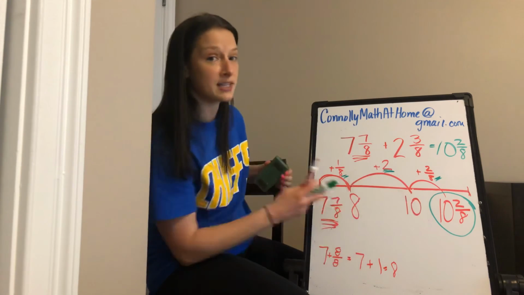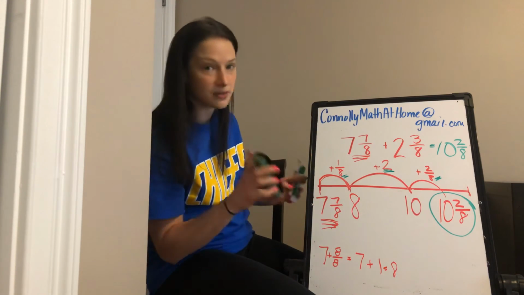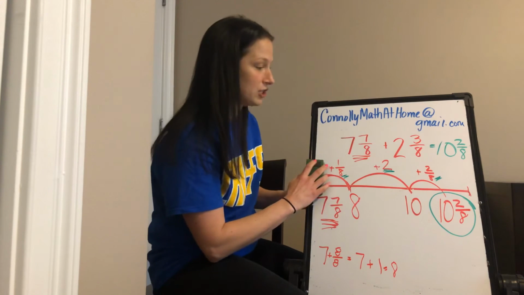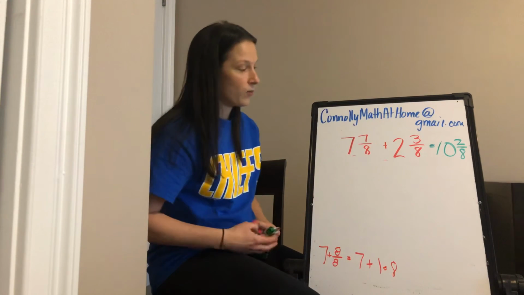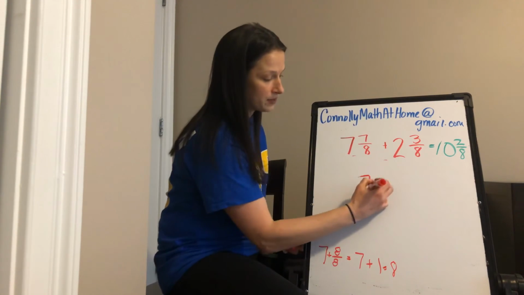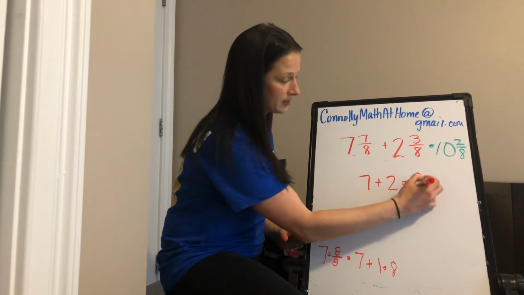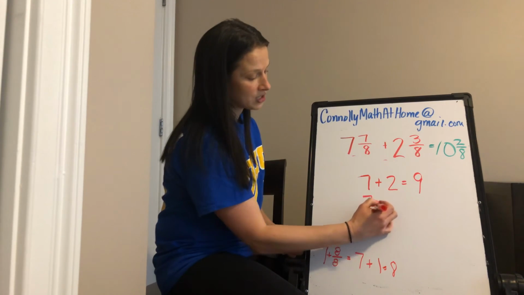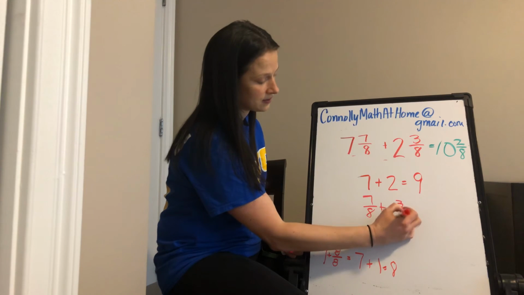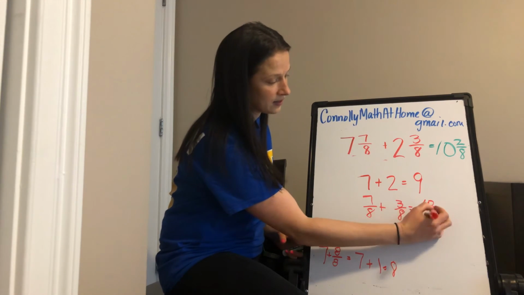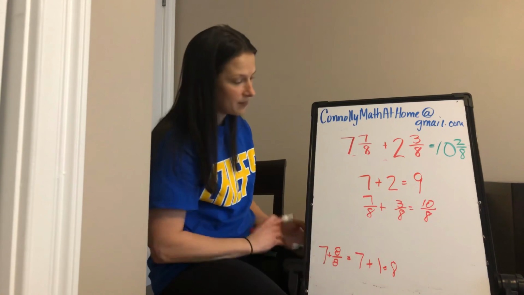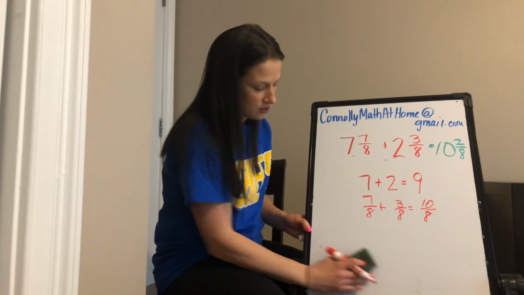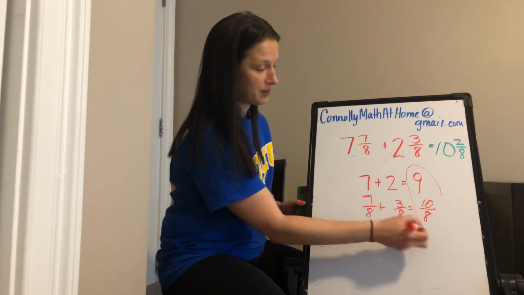But the reason why this is a great strategy for these numbers, you have to decide what's your best strategy. The reason this is the best strategy for these numbers is because when you add by whole numbers, because that might have been something you like doing, and then you add the fractions, you end up with an improper fraction, which gives you an extra step. So just to review, after you do that, you would combine these two.